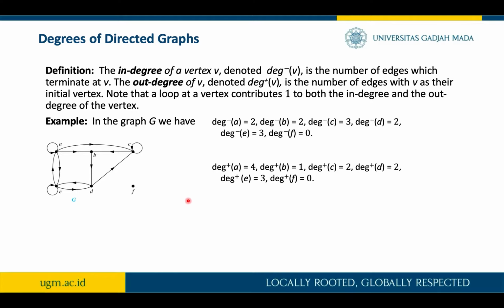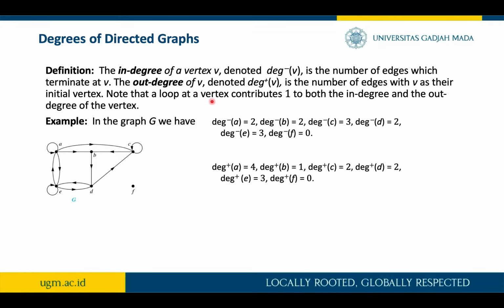For the degrees of directed graphs, we have two definitions here. The first one is in degree and the second one is out degree. The in degree of vertex V, denoted as degree minus, is the number of edges which terminate at V. So for example, for vertex P, there are two edges that terminate at P, so the in degree of P is 2.